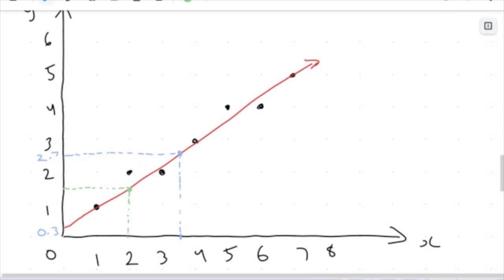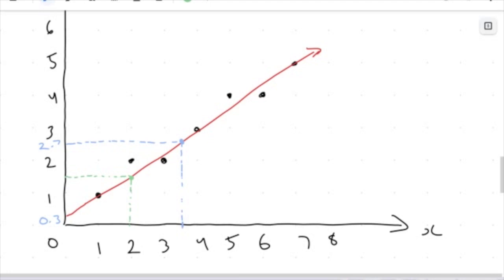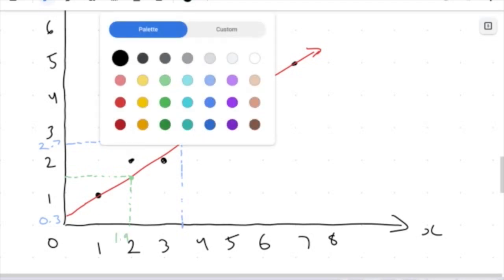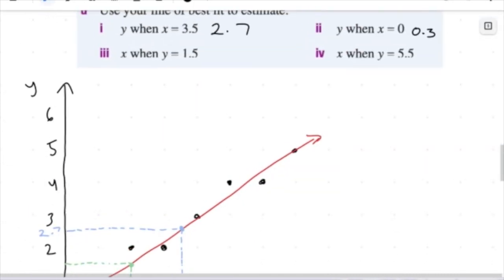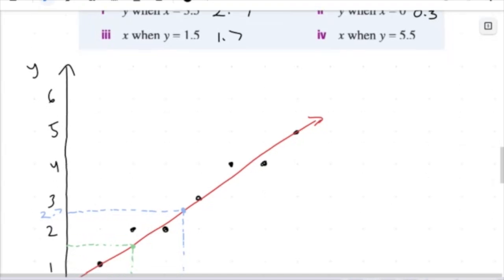Okay, now that looks like it's just before 2, so I'm going to say that's about 1.9. Remember, these are just approximations, and you'll probably get more accurate approximations the more linear your line is and the better you draw it, but we're really just trying to understand how these work.